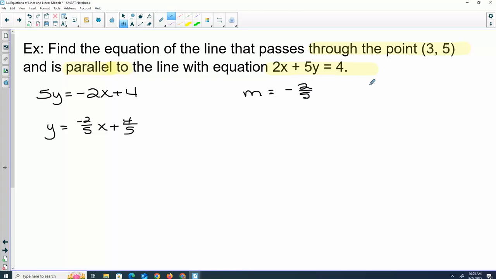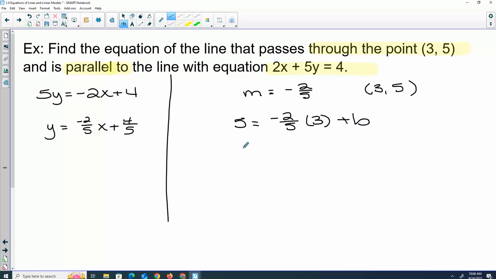So now I have my slope, and I have my point. So you can plug into the point slope form. I haven't done one just using y equals mx plus b in a moment. I'll do that for anybody that prefers that method. So if you don't like this, just do point slope on your own, or you can say 5 equals negative 2/5 times 3 plus b.